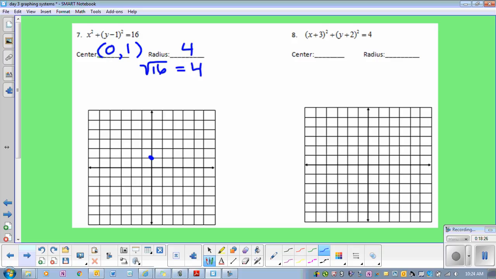And then the radius is 4, so 4 up, to the right, down, to the left. Oh no. There we go. Okay?